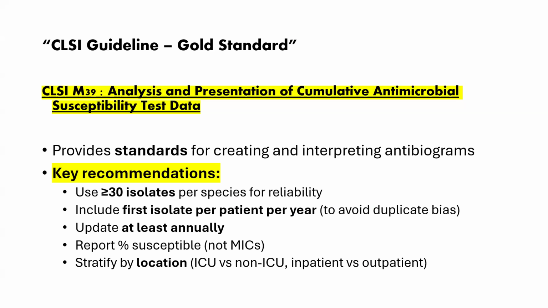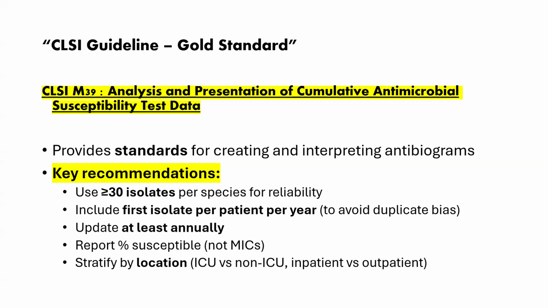The second is to include only the first isolate per patient per year. This is one of the most common questions that come to me, regarding what is the meaning of first isolate per patient per year, so I will discuss it in the next slide, inshallah. They provide this recommendation to avoid duplicate bias. Also, the antibiogram should be updated at least annually.